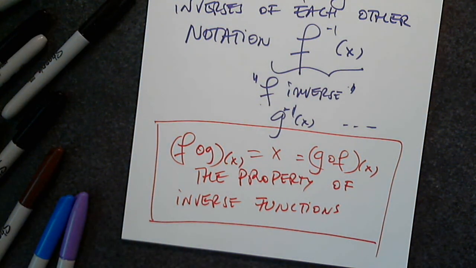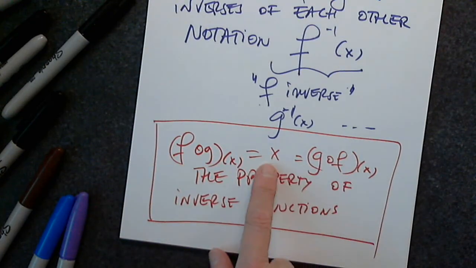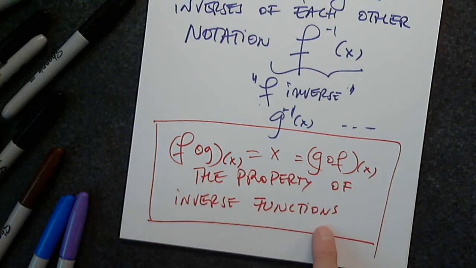Only when f comp g as well as g comp f, both directions, if you want. In other words, I'm giving you $5 and I'm taking it back, or I'm taking $5 from you and I'm giving it back to you. It doesn't matter. If I add and then subtract, or I subtract and then add the same quantity, nothing happens. So in both directions, f comp g and g comp f, if we get x, they are inverses of each other. This is the property of inverse functions.